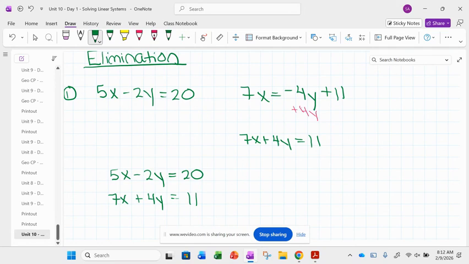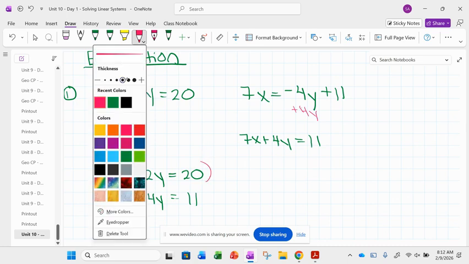Yeah, because 2 is a factor of 4, or 4 is a multiple of 2. Where 5 and 7, we'd have to change them both to 35. Where in this one, I could just change the 2 into a 4. And I already have it being negative. So I just need to multiply the whole top equation by a positive 2. So we're now going to multiply this whole top equation by a positive 2.